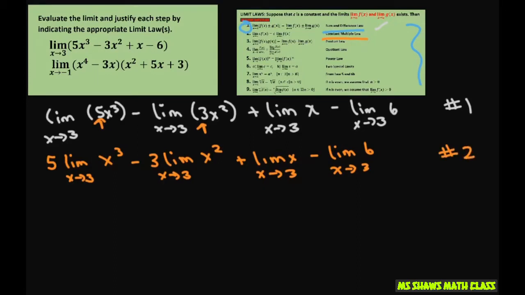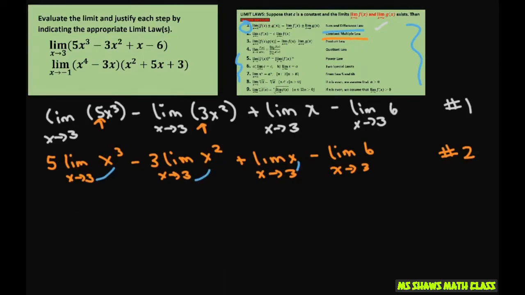All right. The next step is we're going to apply the limits, and we're using basically all these steps. So what you can do is plug the 3 into all these x's.